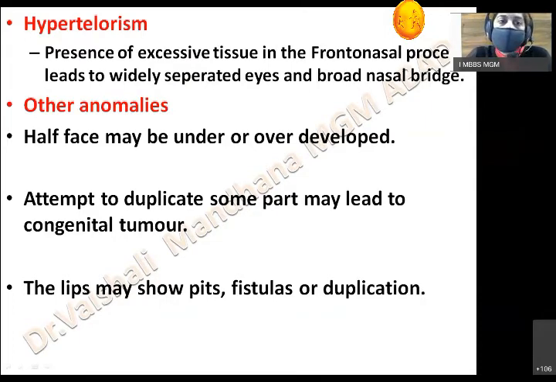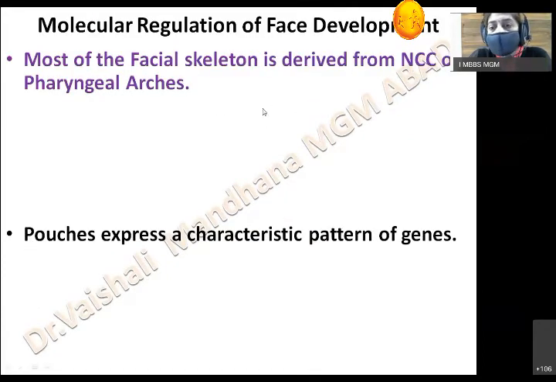Now, what is the molecular regulation of face development? As we have seen, face development occurs from different processes of the pharyngeal apparatus, and the skeleton of the face which develops from the arches comes from the neural crest cells, isn't it?